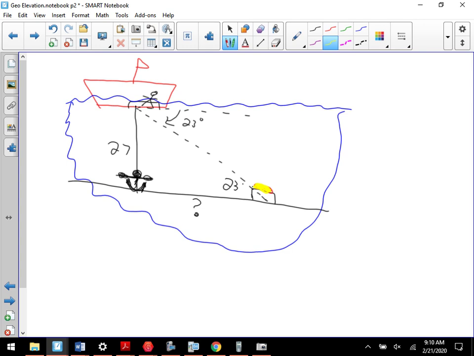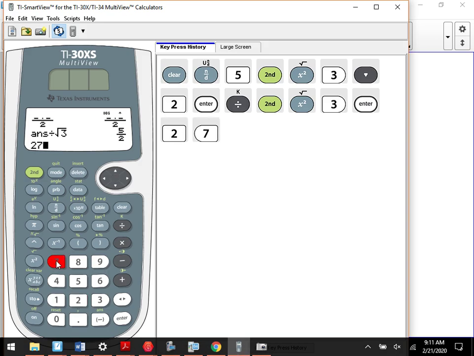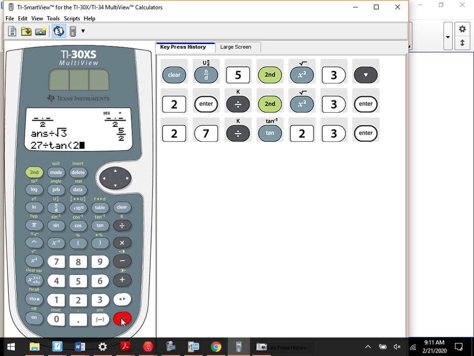So you have your opposite, and you're trying to find the adjacent. Tangent of 23 would be 27 over x. Change-o, change-o. So x is 27 over the tangent of 23, which is 63.61 if I go to 2 decimals.